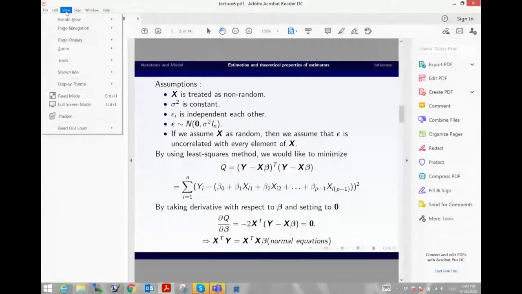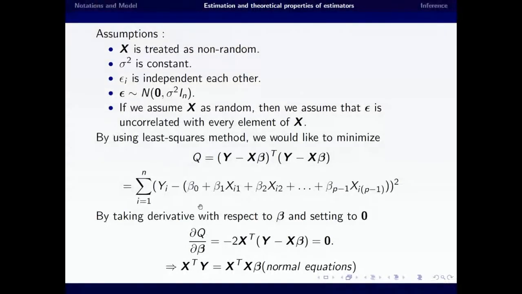Okay. When you expand this, the matrix terms, it would be a somewhat long equation. Now, as we did in simple linear regression, we take the derivative with respect to beta and set it to 0.